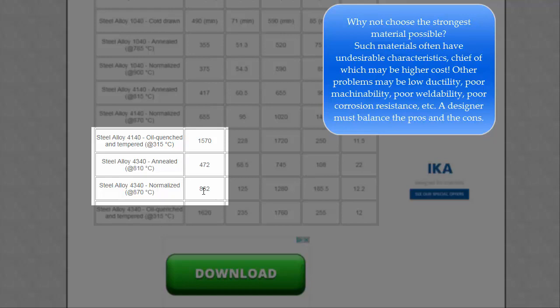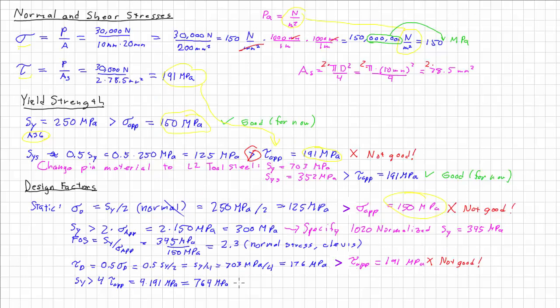So why don't we do that? 862 here, and specify 4340 normalized, yield strength of 862 megapascals.